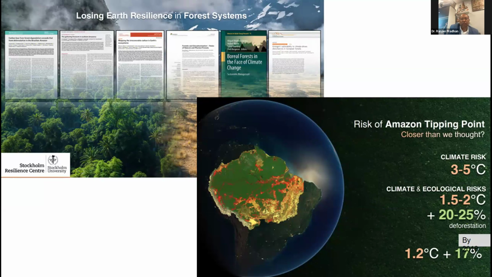The Amazon is the largest carbon sink we have on the Earth, and because of deforestation, human activities and other calamities, it's very close, because it's at 1.2 degrees, about the 17% level of deforestation that we can handle. And once it crosses 20 to 25%, we would be in an ecological risk zone. There are indicators that it's going away from being a sink to a source. And once that happens, it will impact so many ecosystems because Earth cannot manage so many impacts.